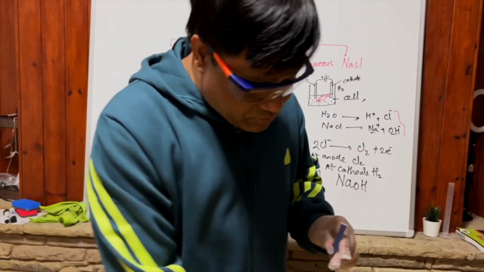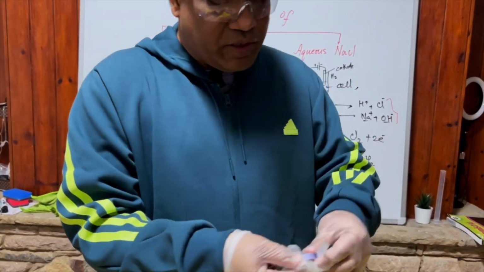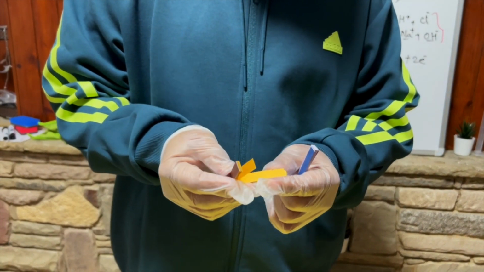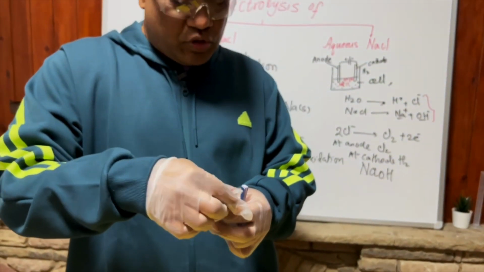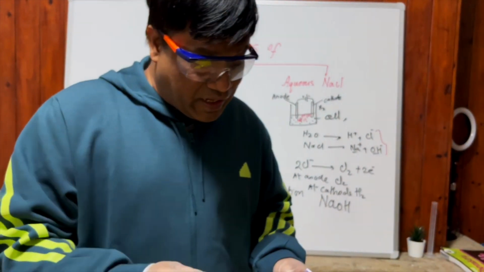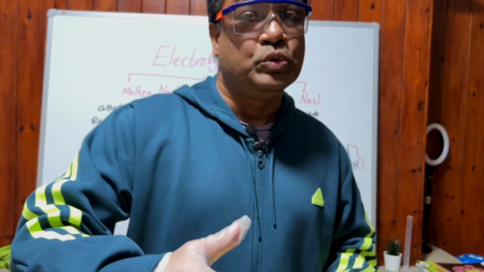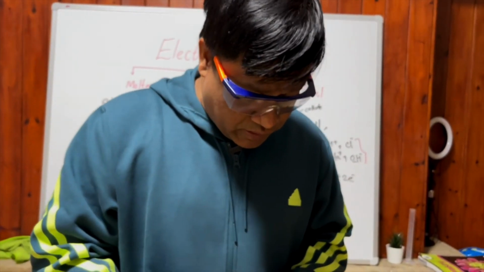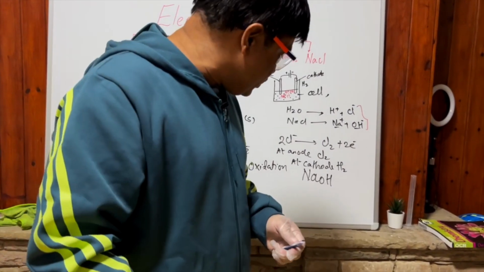Normally, we have two different types of pH paper. One is blue in color, and one is kind of orangish. When you dip this orange pH paper into the alkaline solution, it turns to blue or purple color. Let's see the formation of sodium hydroxide.